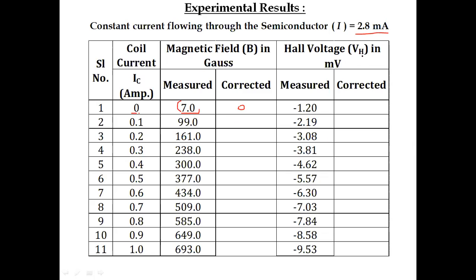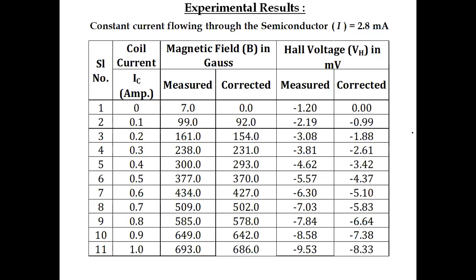Similarly, when the magnetic field is 0, ideally we should get 0 here, but we are getting some value, so it should also be corrected to 0. You observe that was the initial value in the gauss meter, so we have subtracted this 7 from each of these values.